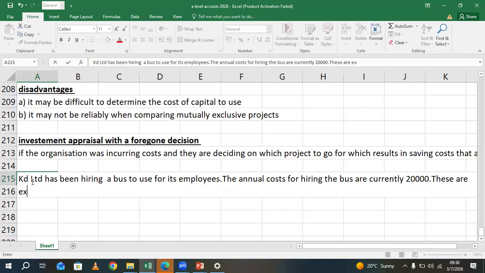These are expected to rise by 10% each year.